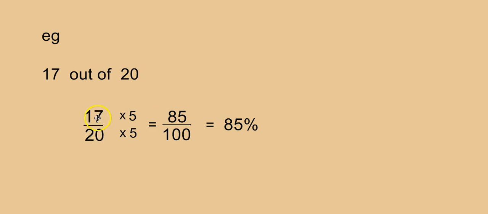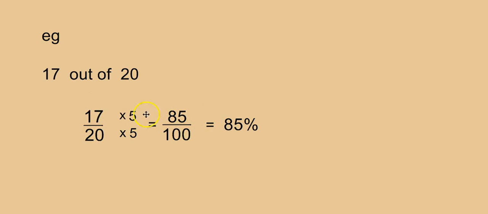Now this is a fraction, and fractions can be changed into percentages. 17 out of 20 can be easily changed into a percent by recognizing that percentages are just fractions out of 100, and 20, the denominator here, can be changed into 100 by multiplying by 5, and as is the rule with equivalent fractions, whatever you do to the bottom you do to the top, and you will end up with an equivalent fraction.